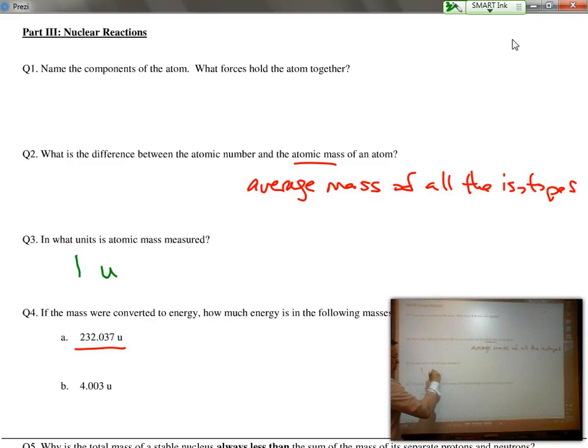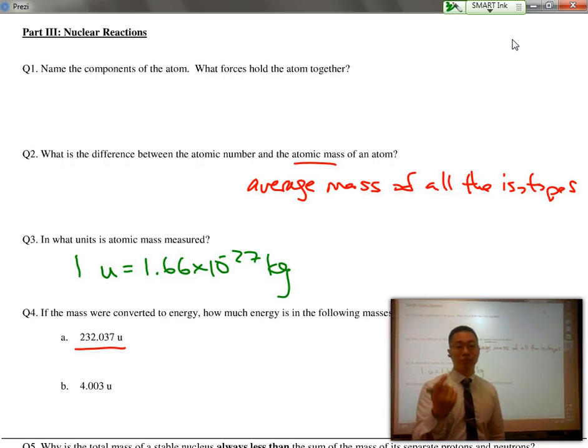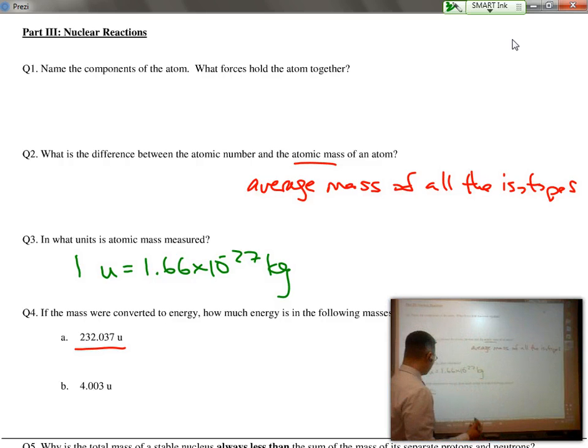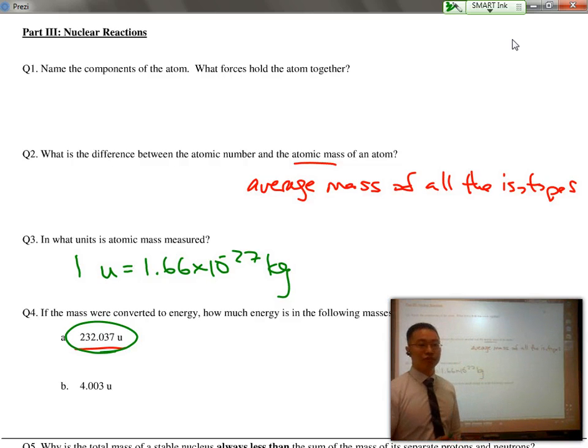One atomic mass unit is actually equal to 1.66 times 10 to negative 27 kilograms. So it's a very, very tiny number. And if I wanted to convert 232.037 U into kilograms, I would simply just have to use my conversion factor.